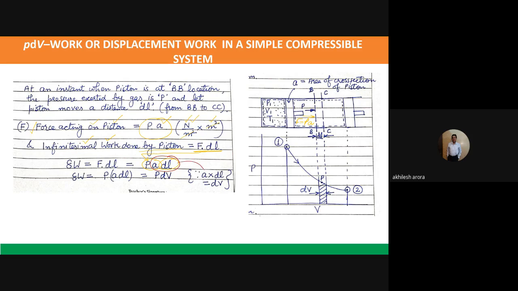A into dl is dV. Okay, A into dl is dV. So I get this value of delta W as P dV, and this is the displacement work. So delta W is equal to P dV. So this is the expression which is important. Even if you don't know its derivation, that is not required. That is only for explaining to you. Now this is the value of delta W.